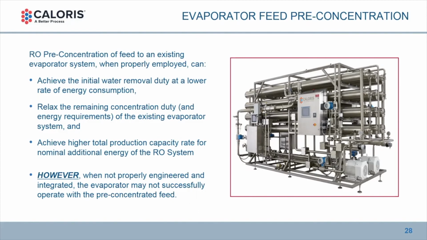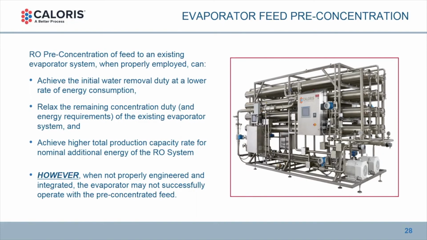It's very efficient to find the optimum combination of pre-concentration before you go to an evaporator. Now, you do need to be careful simply bolting an RO pre-concentrator onto the front of an existing evaporator system, because that totally disrupts the U coefficients and the evaporation duty and potentially the wetting rates.